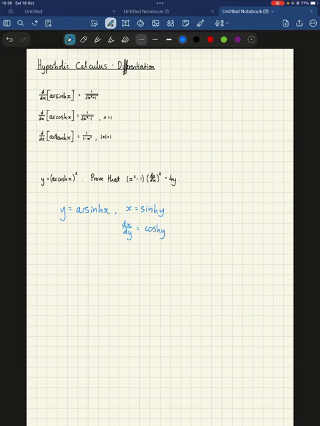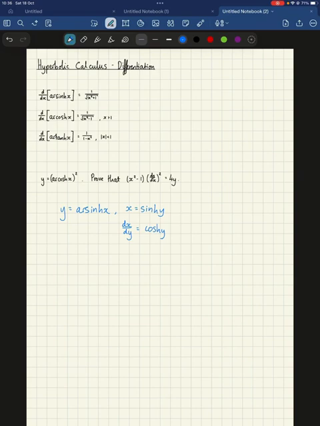Now we don't have to do it implicitly because we're differentiating with respect to y. We're not differentiating with respect to another variable, so we don't have to multiply by dy by dx or anything. So dx by dy, because we're differentiating x with respect to y, is cosh y.